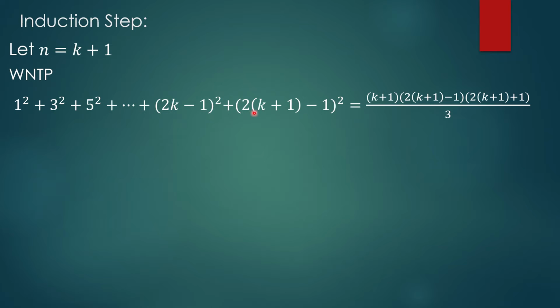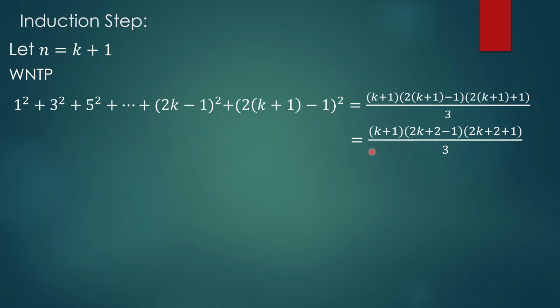Notice here, from this form of assumption, we can say that there exists another k plus 1. Next, by substitution, we have the quantity of k plus 1 times the quantity of 2 times k plus 1 minus 1 times the quantity of 2 times the quantity of k plus 1 all over 3.